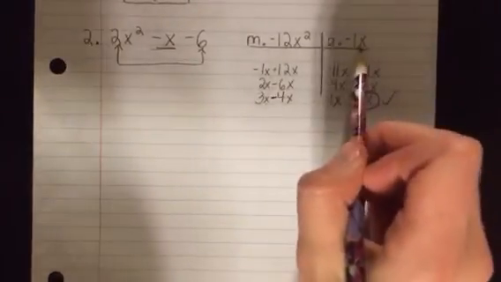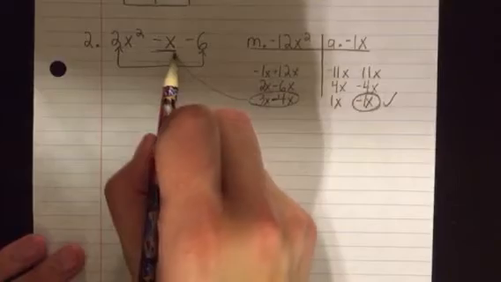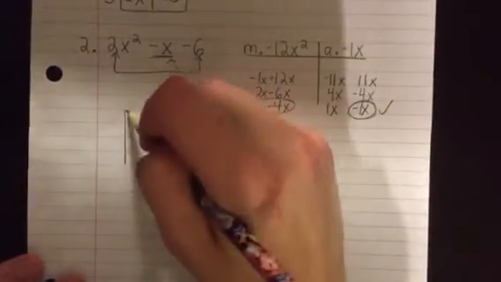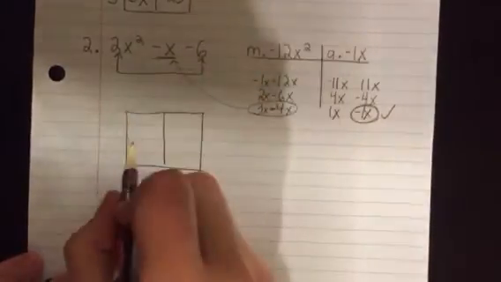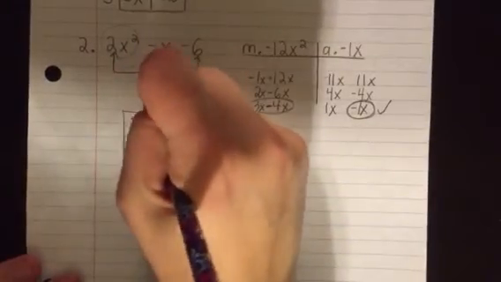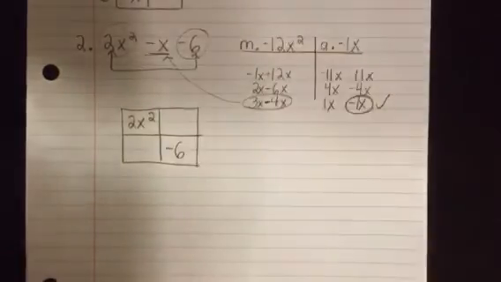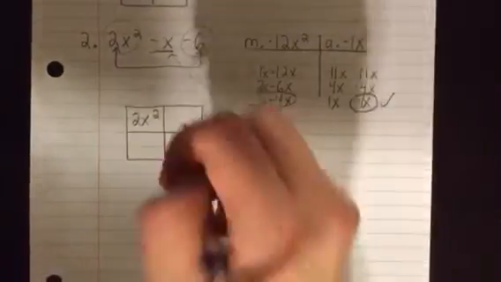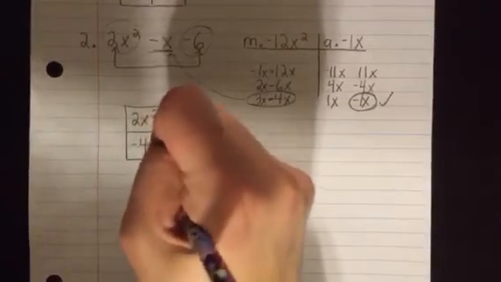That's what I want. So here are my special numbers that add up to negative x. Those are the numbers I put in my box for my box method. Remember that you always put the first term, 2x squared, in the first box, the last term, negative 6, in the last box, and then these special numbers in the boxes in between.